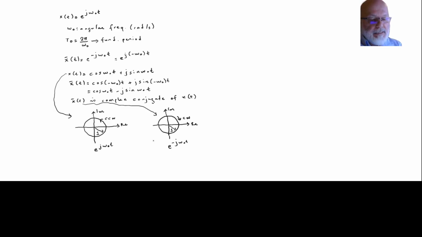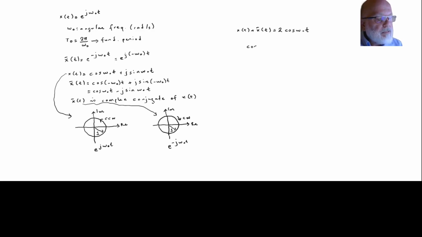You can see this fact from this particular example when we note that if we add x of t and x bar of t, we get 2 cosine omega 0 t.